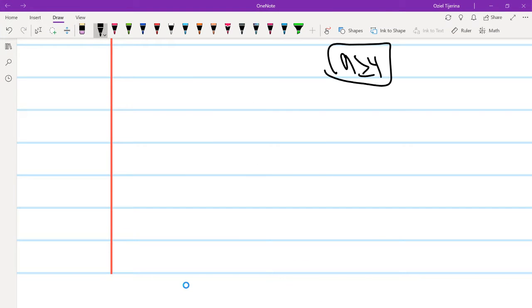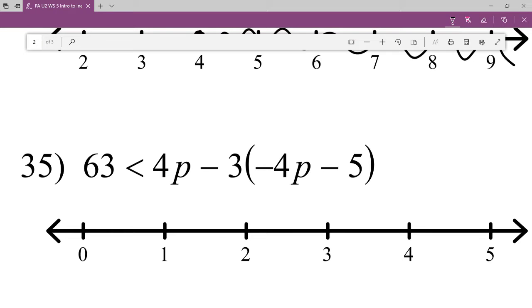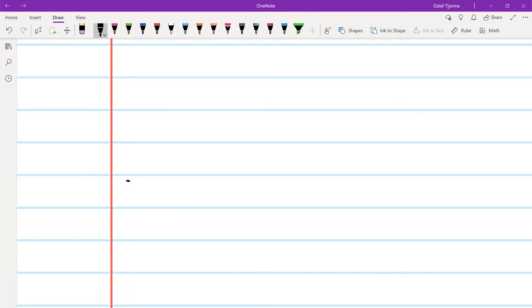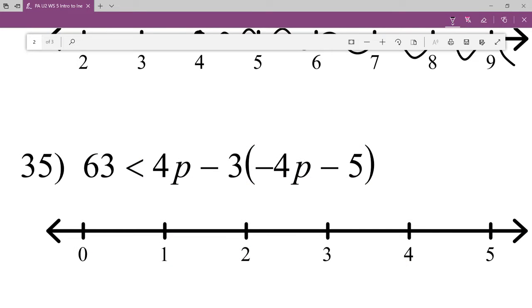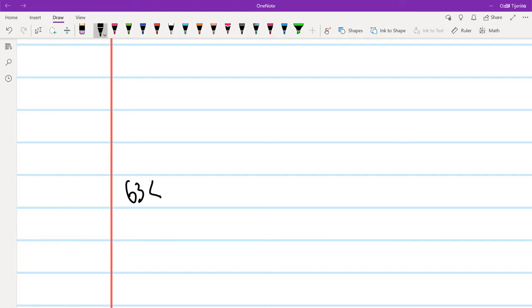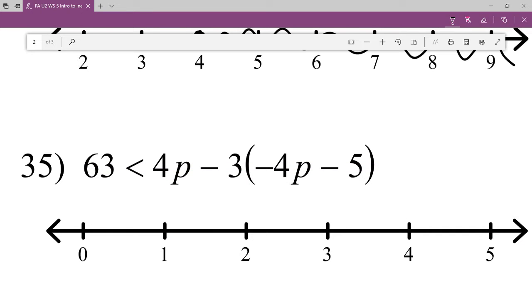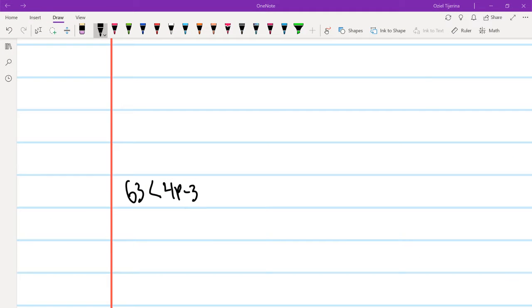So you would say 63 is less than 4p minus 3 times negative 4p minus 5.